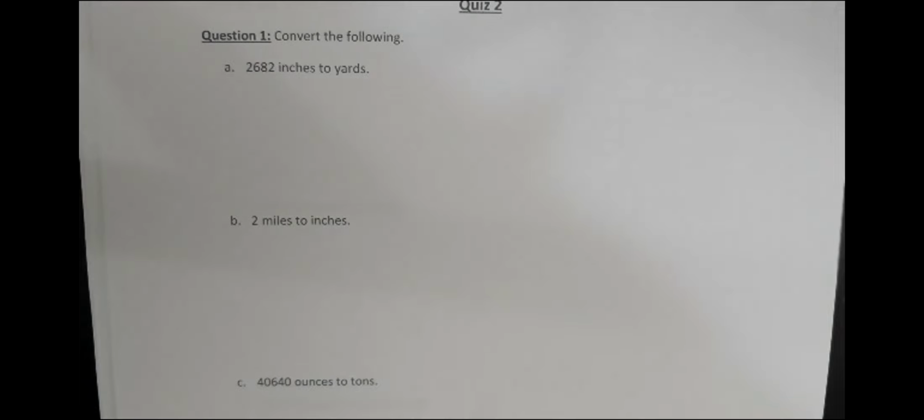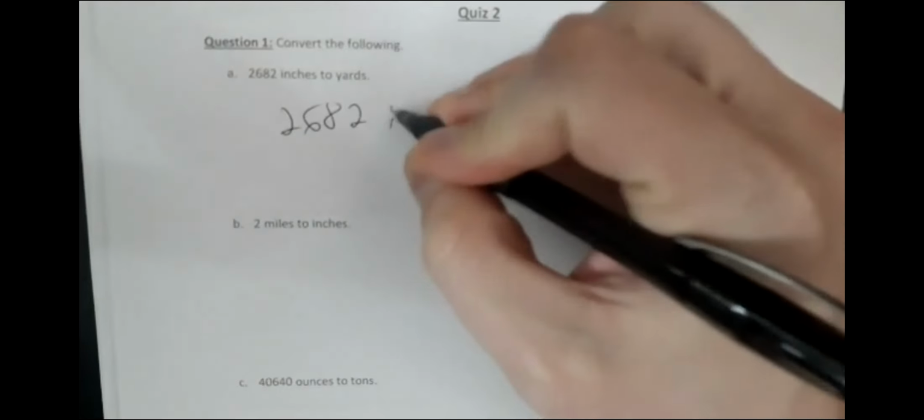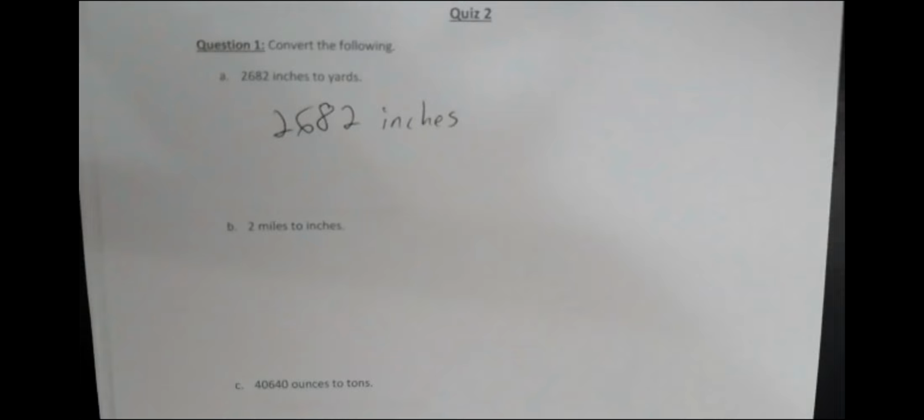Okay, so we're going to start out with this. What does it say? 2682 inches to yards. So in the table, they're probably not going to give me inches to yards. I highly doubt it. They tell me 1 foot is 12 inches and 1 yard is 3 feet.